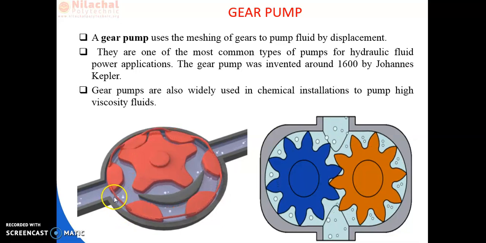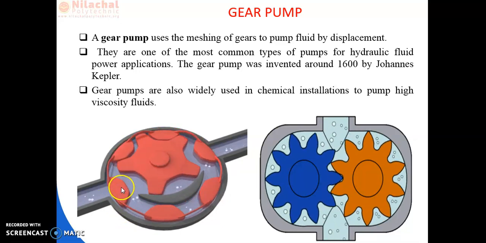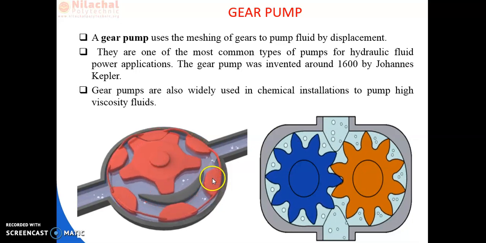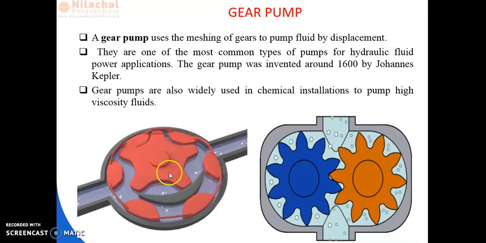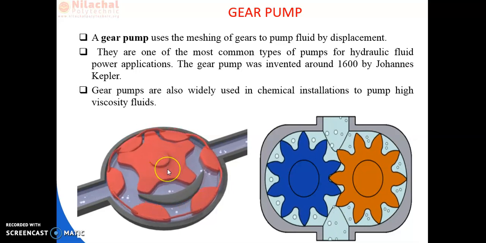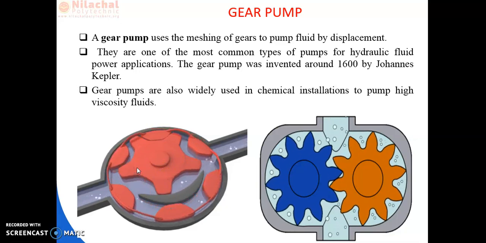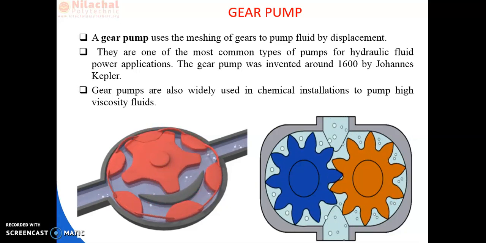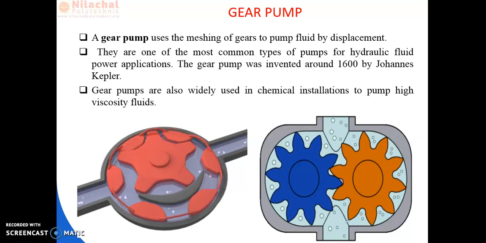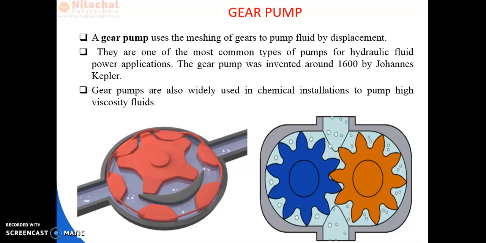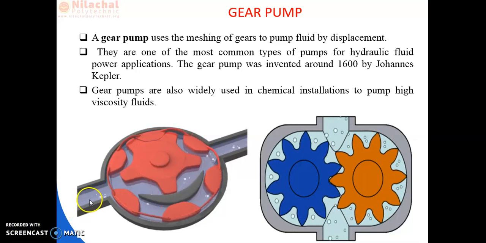In another case, there is an internal gear pump where this is the first gear, and this gear is meshed with the external surface of another gear. As the internal surface of the gear is meshed with another gear, it is known as an internal gear pump. This is the inlet of the gear pump, this is the outlet.